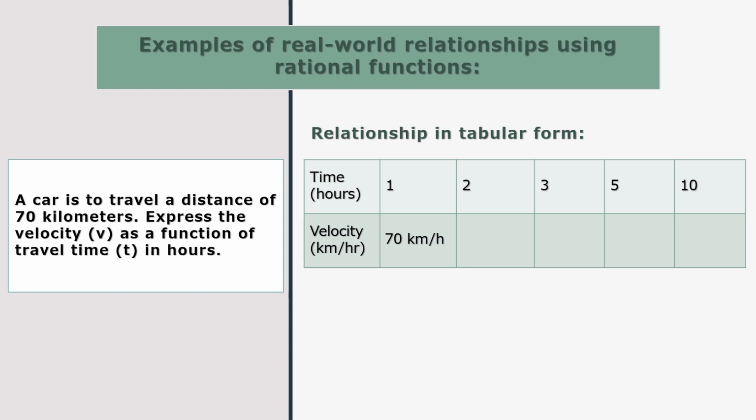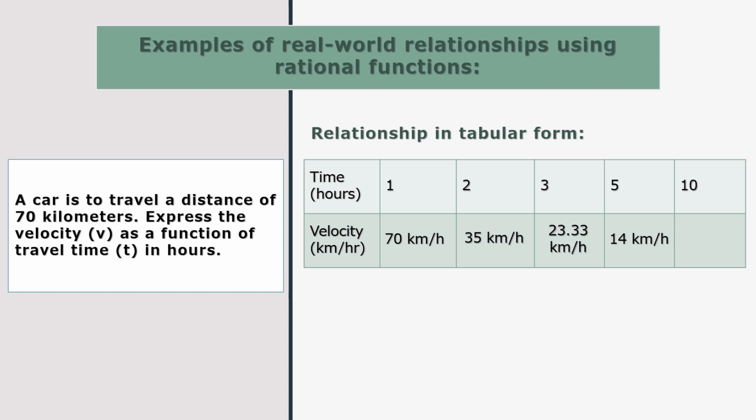Now if the time is 2 hours, we have 35 kilometers per hour. If the time is 3 hours, we have 23.33 kilometers per hour. If the time is 5 hours, we have 14 kilometers per hour.